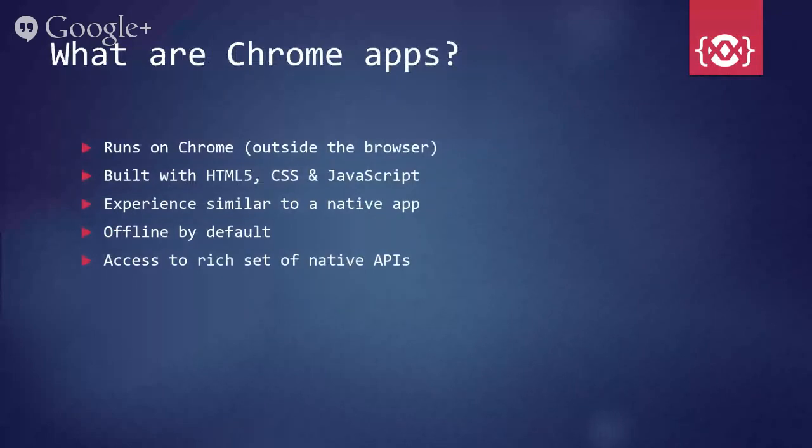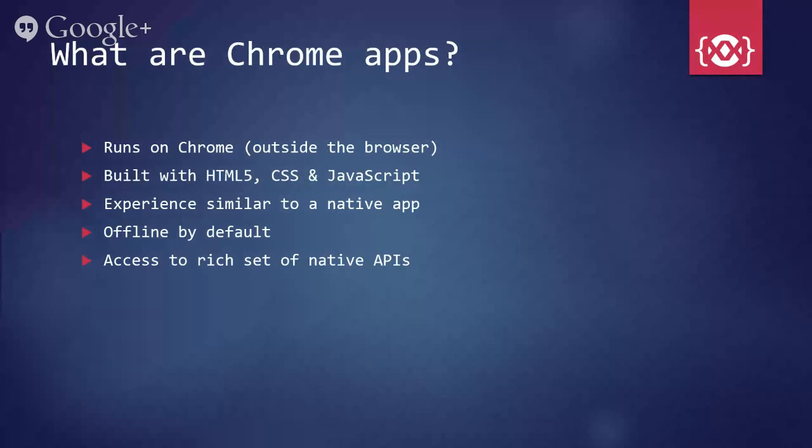So what are Chrome apps? Obviously it runs on Chrome, but it runs outside of the browser. This was a recent change, if you compare it to the extensions, which we'll get to in a while.